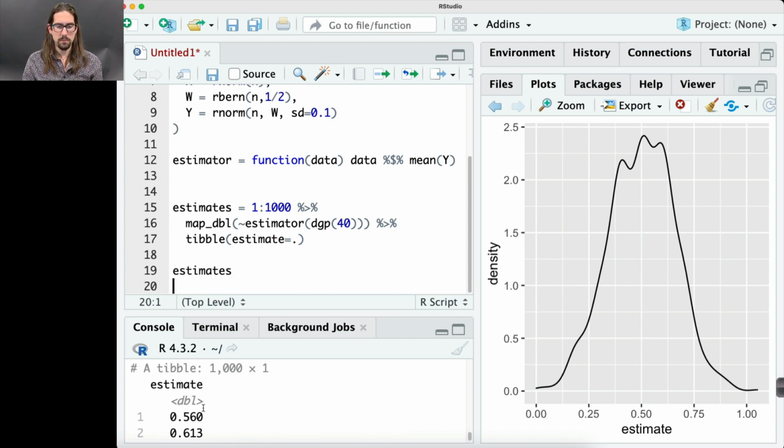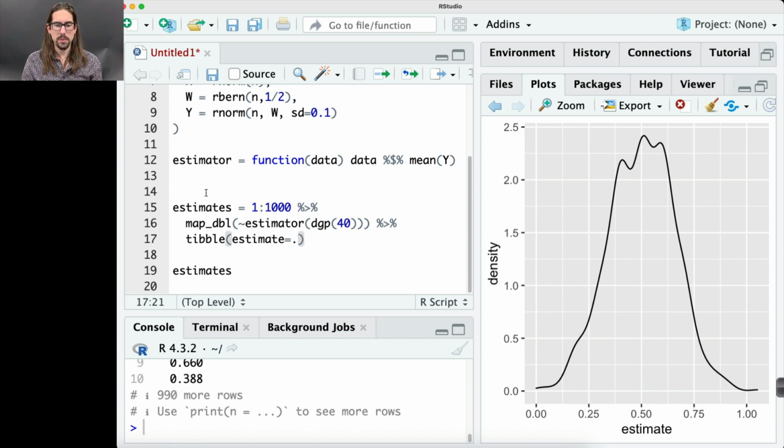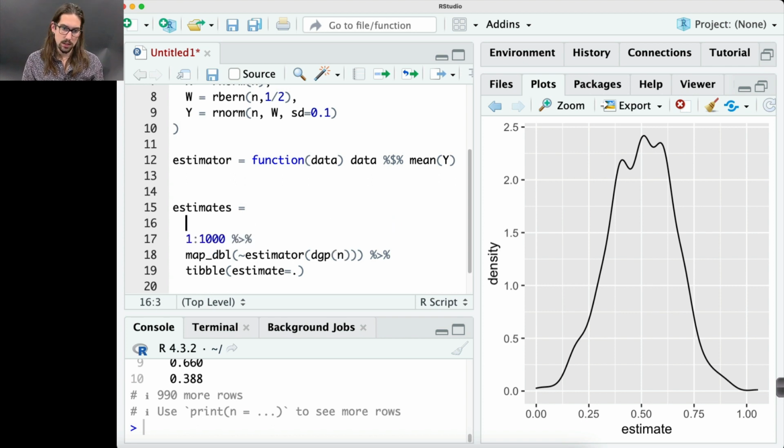Now I'm going to repeat this whole thing, looping over the sample size. I'll try sample sizes of 5, 10, 50, 100.